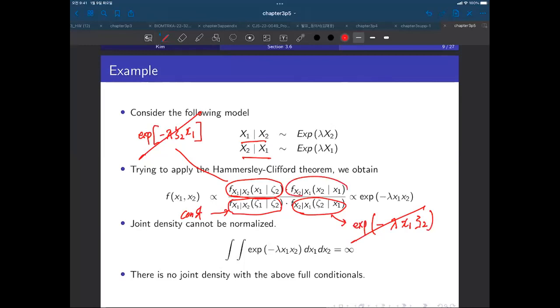So the only thing left is this one, exponential minus x1 lambda x1 x2. So at the end of the day, this is constant, this one cancels with this one, and you have this one. So then if you do that, this integration is infinity.